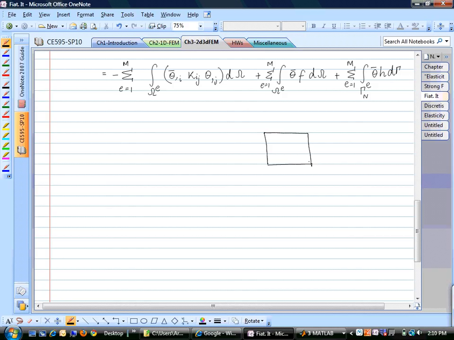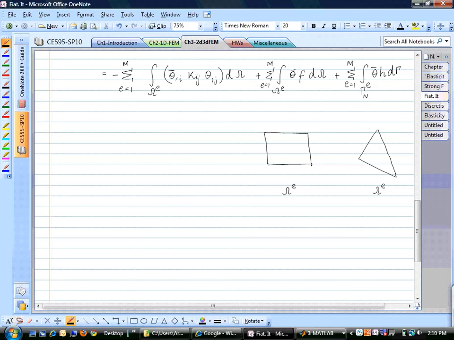It could be any type of a quadrilateral. So this is one possibility for the shape of this element. Another possibility we saw was having some sort of a triangular element. And all that we need to do now is to create some sort of an approximation of these functions over this domain.